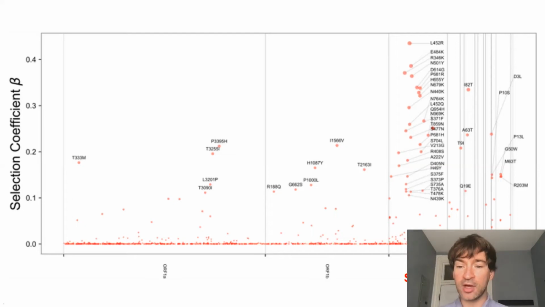We can really just ask this broad question: which parts of the genome seem to be contributing to the differential viral fitness? And this can help us identify hypotheses and perhaps help prioritize experimental follow-up in the lab, and perhaps point to parts of the genome that were receiving less attention before this.